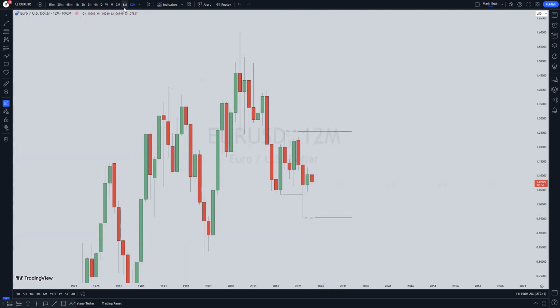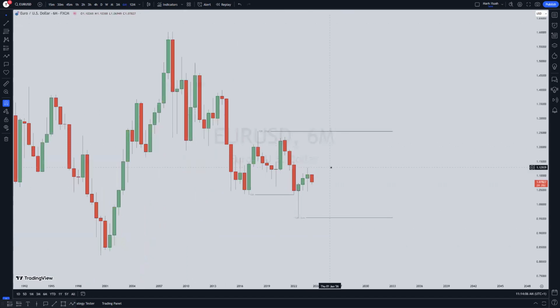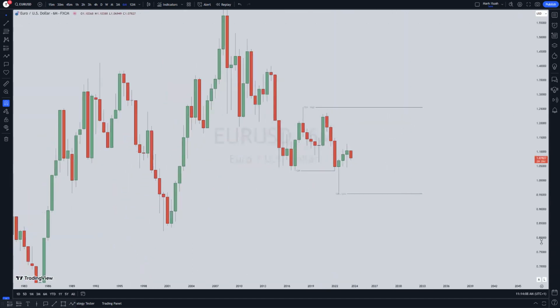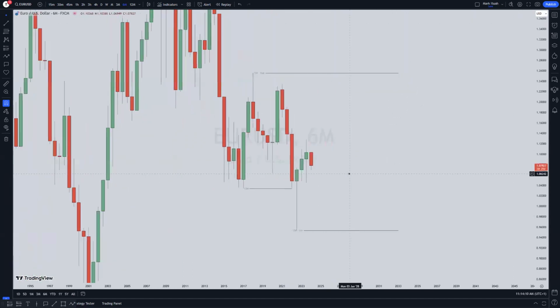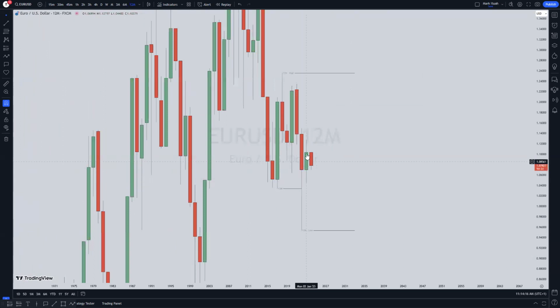After this, I move down to the 6-month charts. On the 6-month charts, in that pullback, do we have any minor market structure? This pullback on the 12-month chart is where, on the lower time frame, we start seeing minor bullish structures, just like what I explained a few minutes ago.